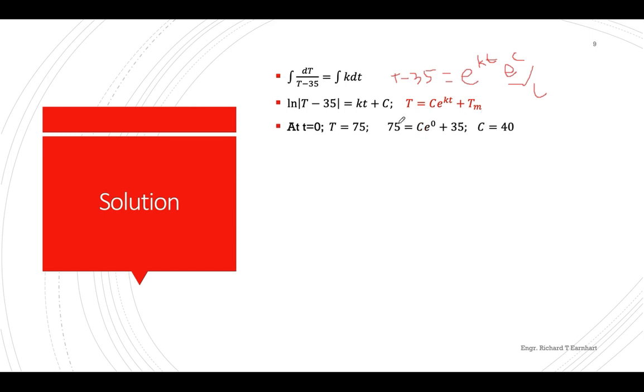And then at the initial condition, the temperature is 75, so substitute here C e to the 0 plus your 35 here will give you the value of C.